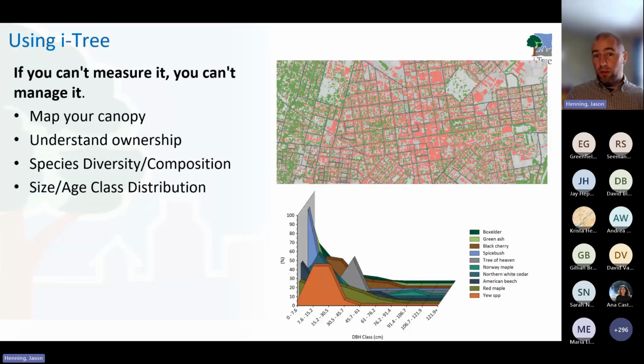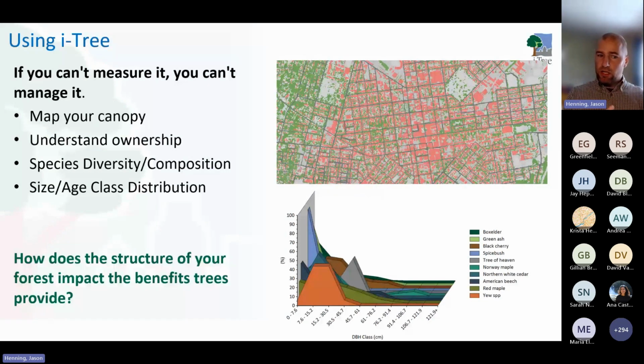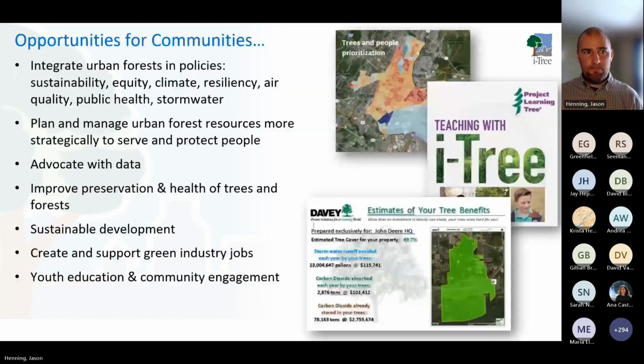So iTree can do all these things and a whole lot more. And of course, with all that, you're taking the structure of your forest, and iTree is going to help you understand how that structure impacts the benefits that trees provide and who those benefits are being provided to. So we'll dive into a whole lot more of that going forward.